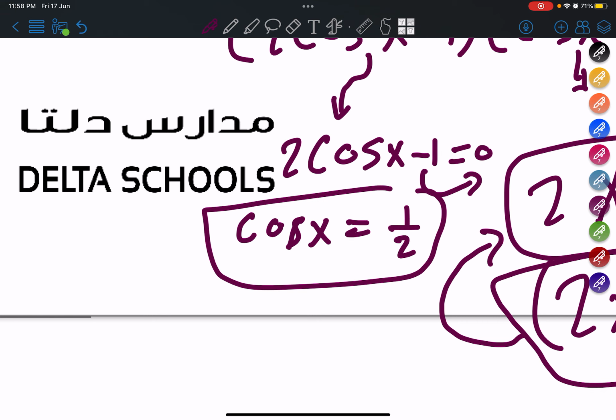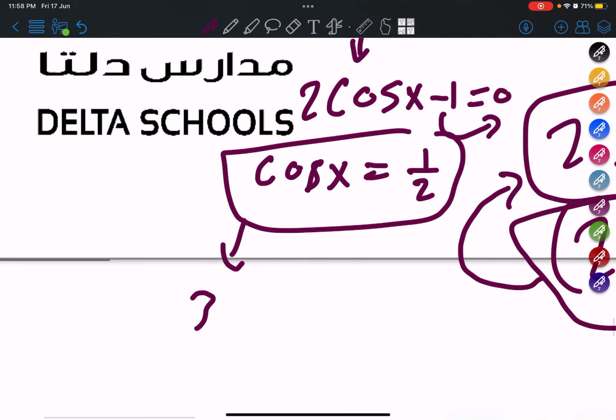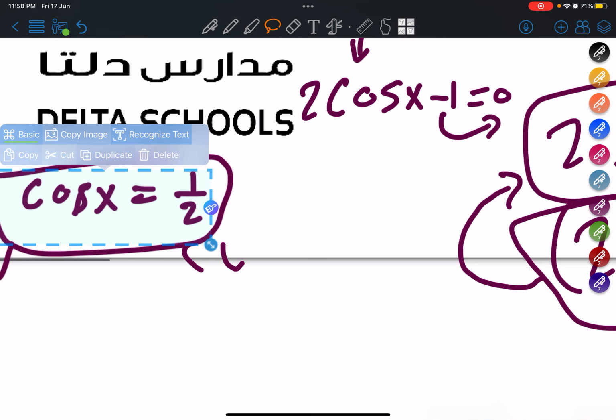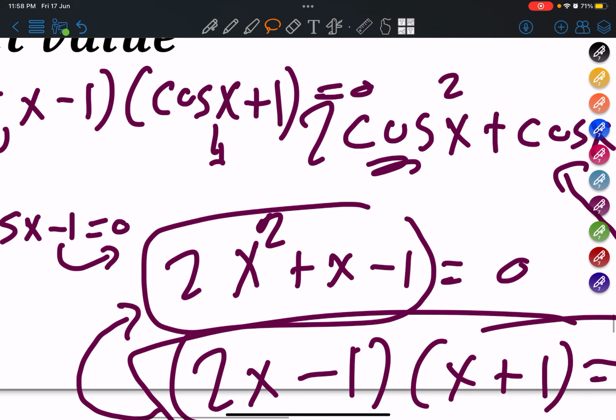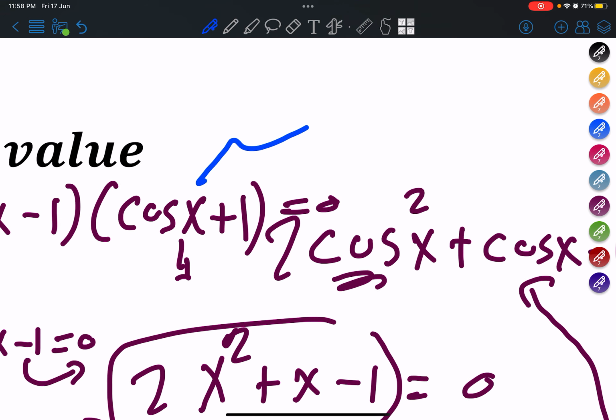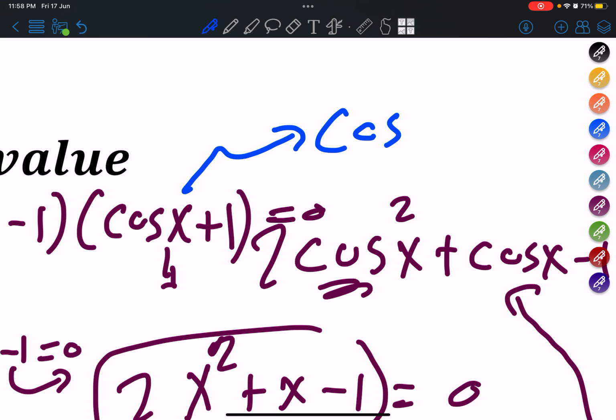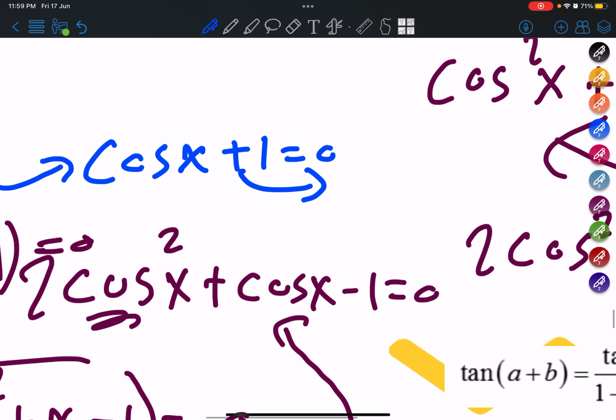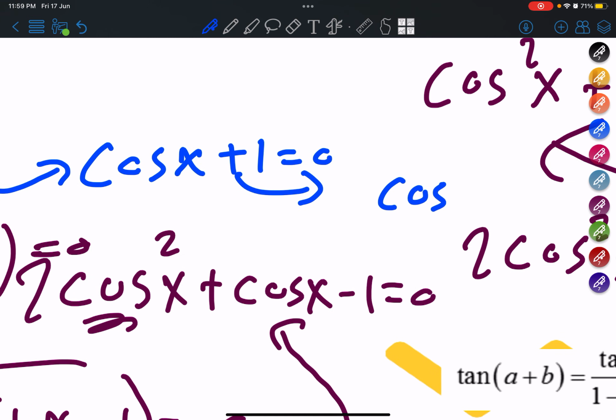Let's just have this by the side for now. Then we'll go to the second equation, and this will give us, if we say cosine x plus 1 is equal to 0, put plus 1 to the other side, it'll give us cosine x equals negative 1.